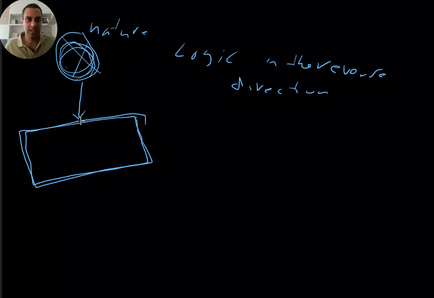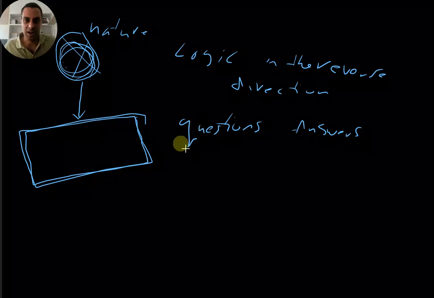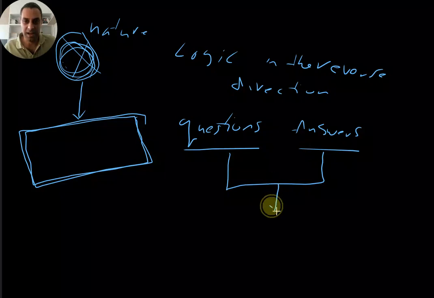So in this video, I want to link this question to a previous video. I said in one of my previous videos that questions and answers are generated at the same time. So they evolve at the same time concurrently.